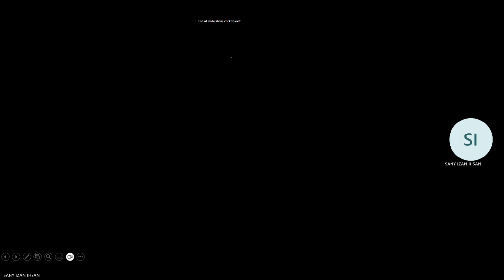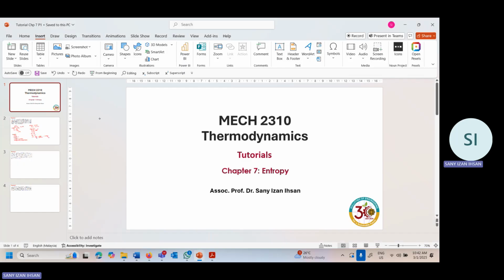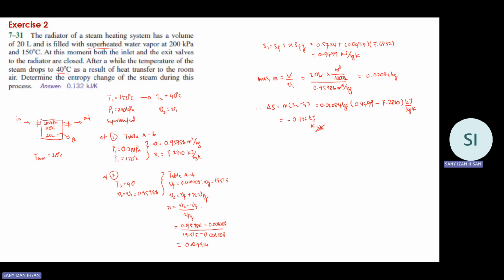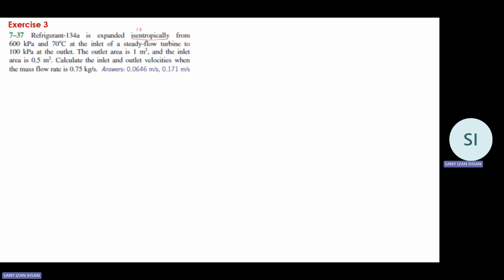Okay, isentropic meaning that S is constant, equals to constant.